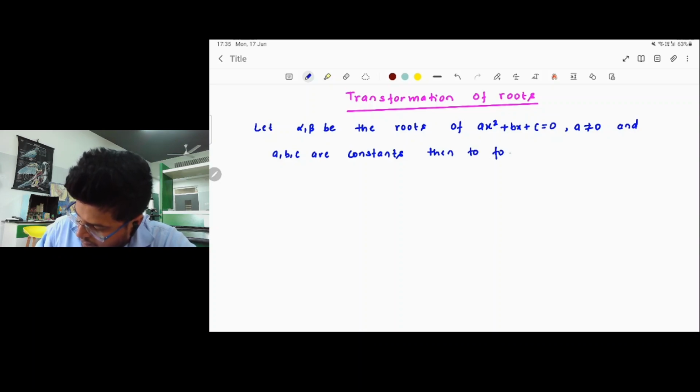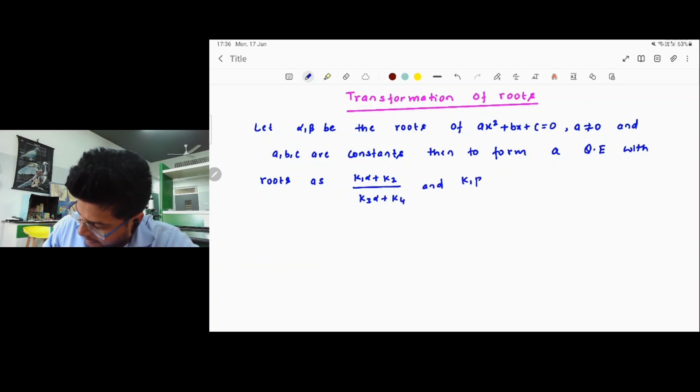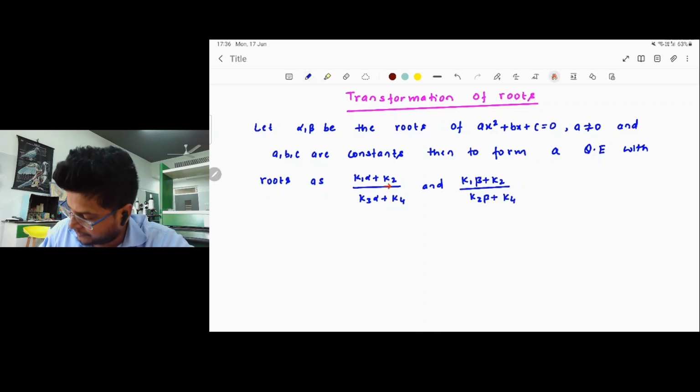Then to form a quadratic equation with roots as, let's say, something like (k1 alpha plus k2) by (k3 alpha plus k4) and (k1 beta plus k2) divided by (k3 beta plus k4).